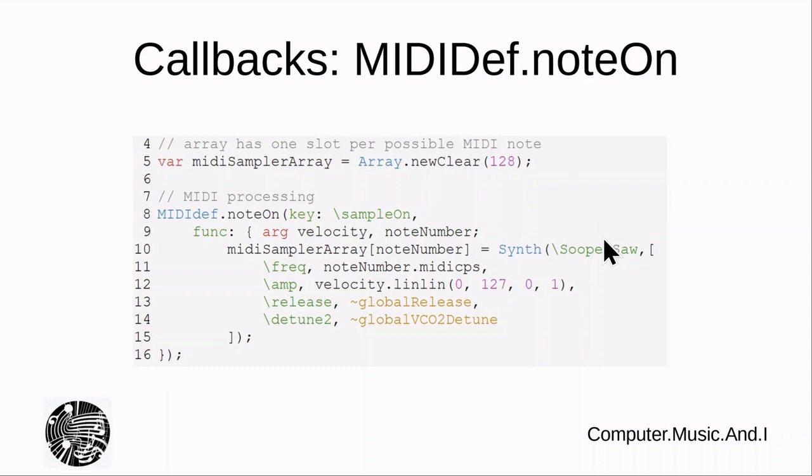And in order to do so, we defined a MIDI sampler array, an array with the size of 128. You know, there are 128 possible MIDI notes that you can press, MIDI keys that you can press from 0 to 127.